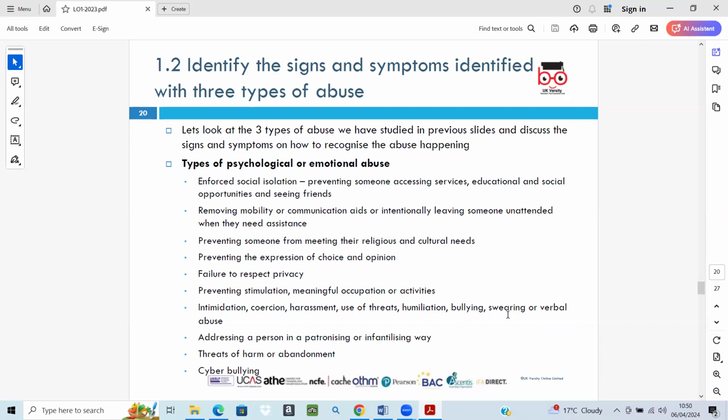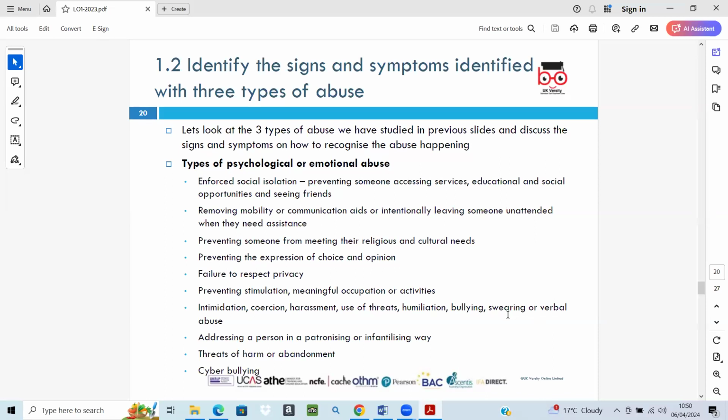And then you may escalate any concern or abuse you have noticed to the safeguarding lead or your manager, whoever is involved in the safeguarding team.